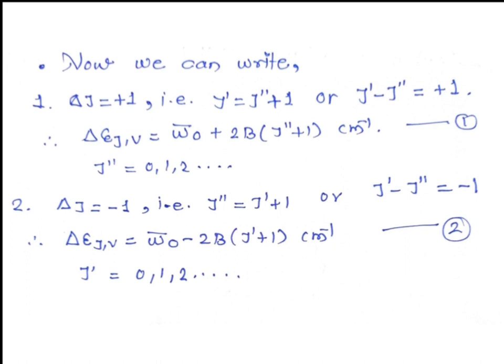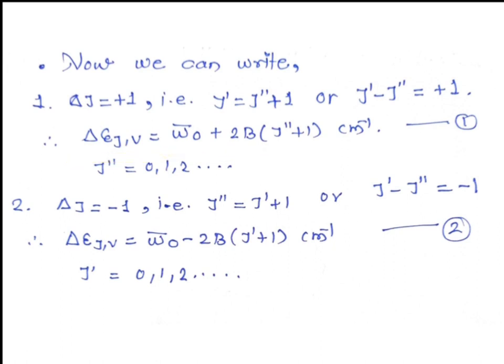Therefore E_JV is equal to omega bar 0 plus twice B in a bracket (J double prime plus 1) per centimeter. This is equation number 1. So we can use this equation to calculate the energy of the R branch.